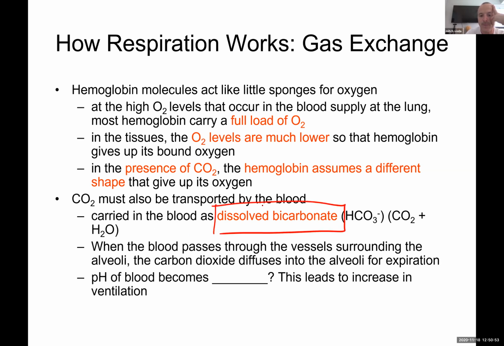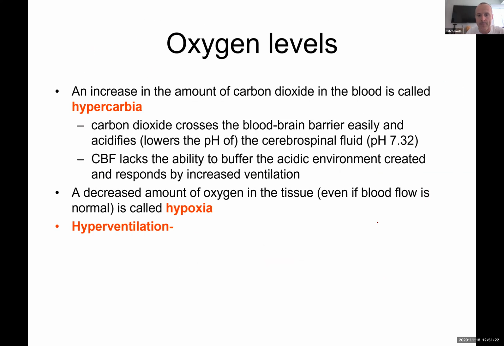So the amount of carbon dioxide dissolved in the blood is going to lead to an increased or decreased breathing rate, depending on how much carbon dioxide. So it's not the amount of oxygen that changes the number of breaths per minute, but rather the actual amount of carbon dioxide dissolved in the blood.